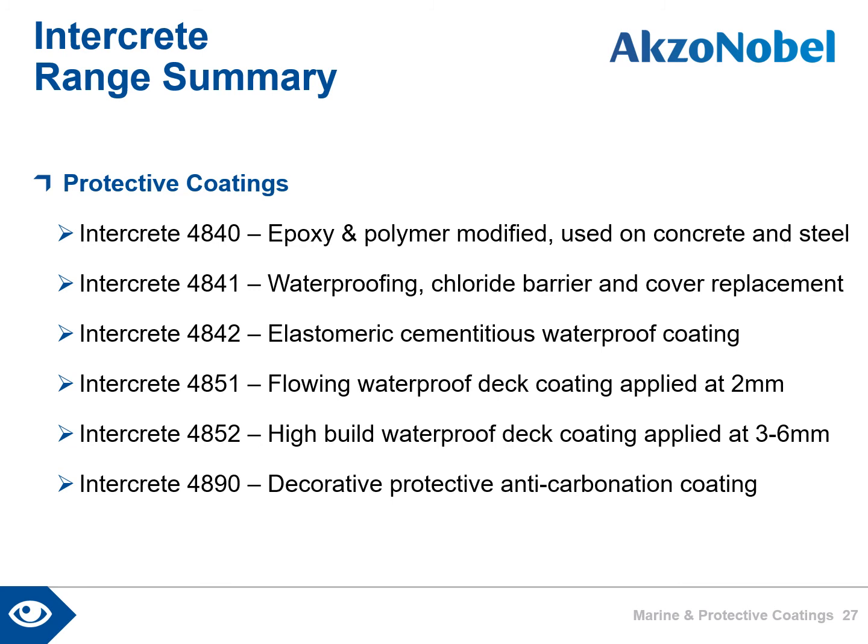Intercrete 4851 is a flowing waterproof deck coating applied at 2 mm. Its sister product 4852 is a high build version, typically applied at 3 to 6 mm. Finally, Intercrete 4890 is a decorative, protective anti-carbonation coating for atmospherically exposed concrete.